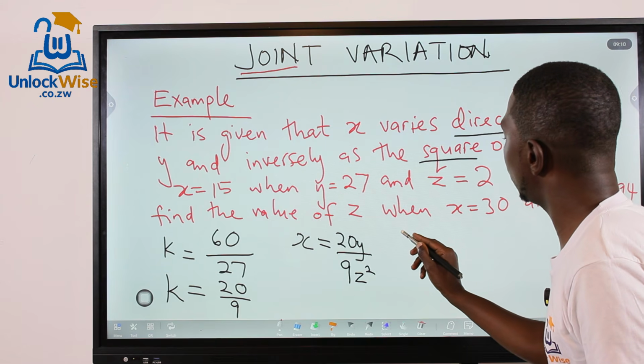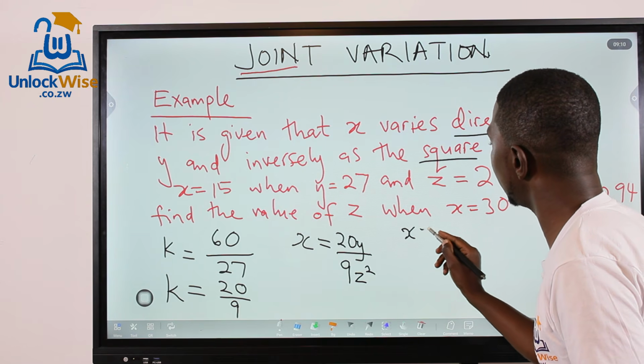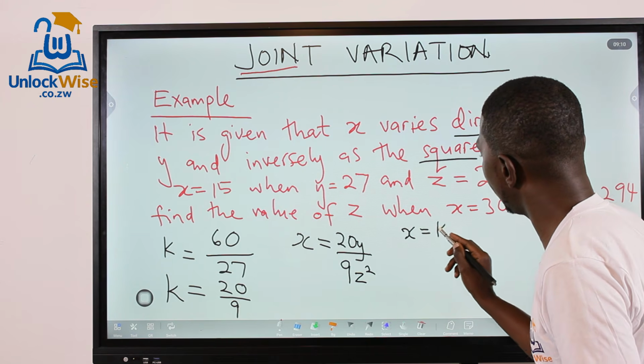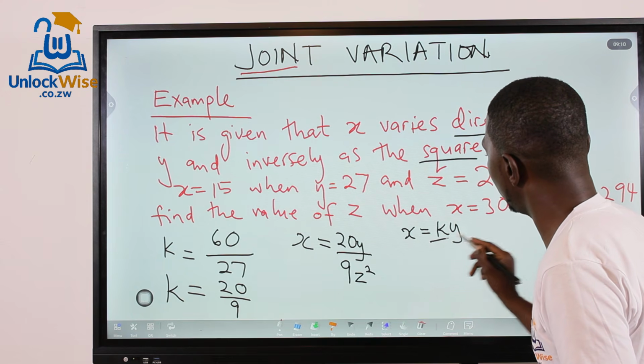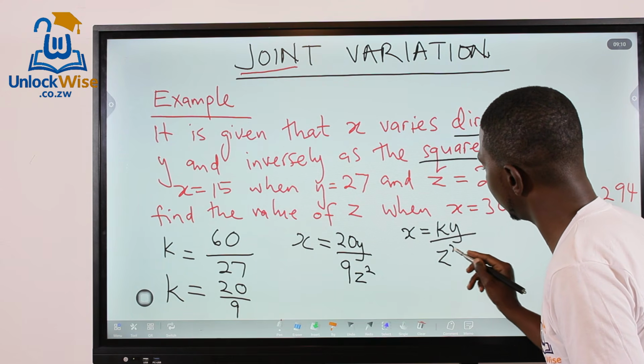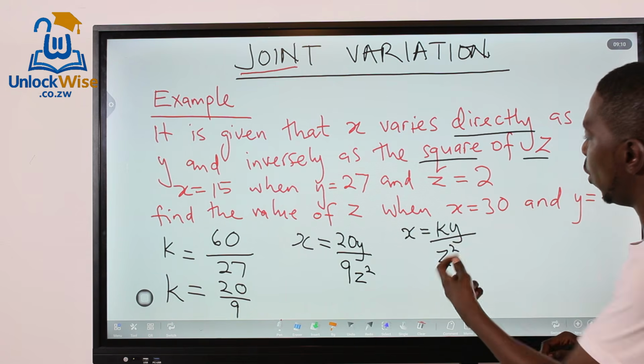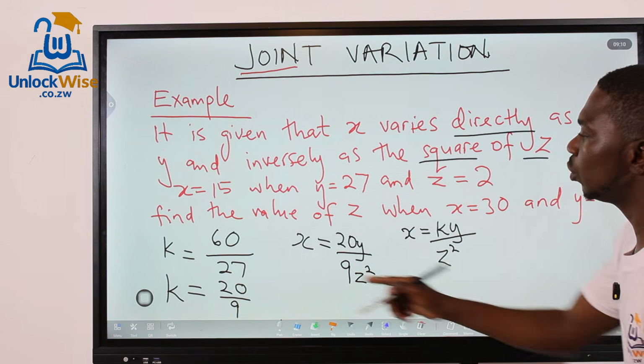Initially we had x being equal to k y over z squared, right? And our value of k is 20 over 9.